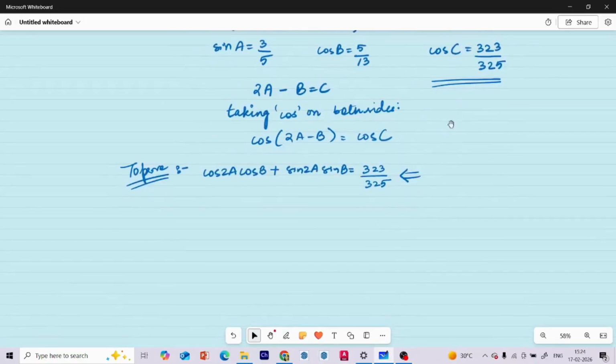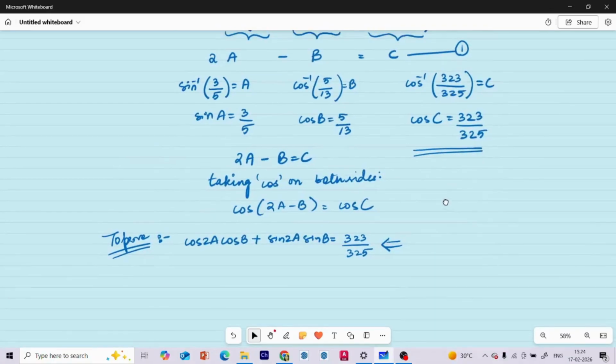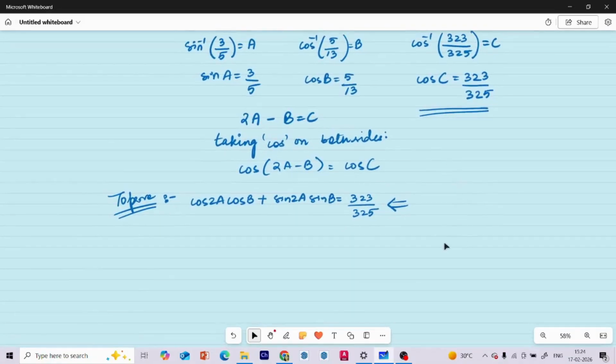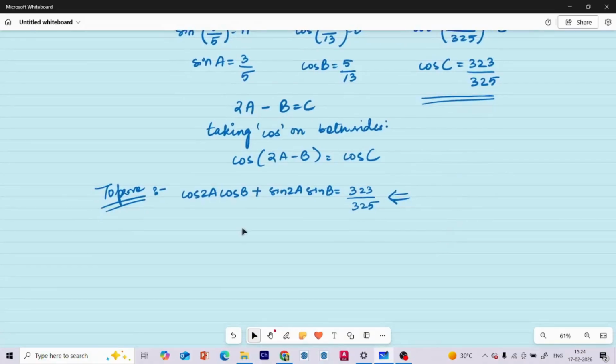Okay, so all right, now you know the values of sin A, cos B and cos C. We should find out the value of cos 2A. What do we need for cos 2A? We can write it as 1 minus 2 sin square A. Am I right?